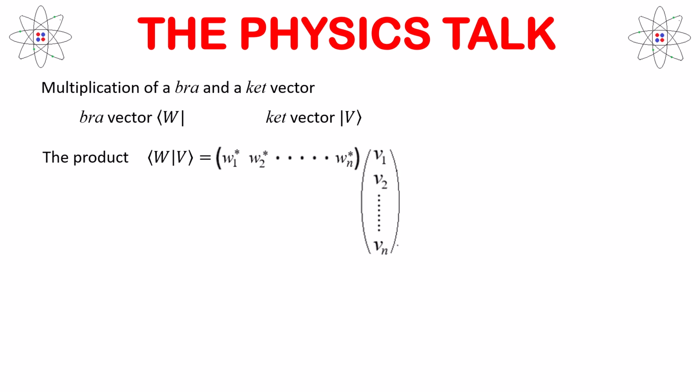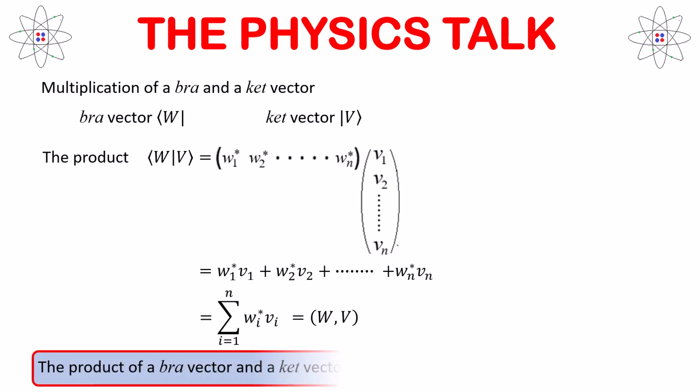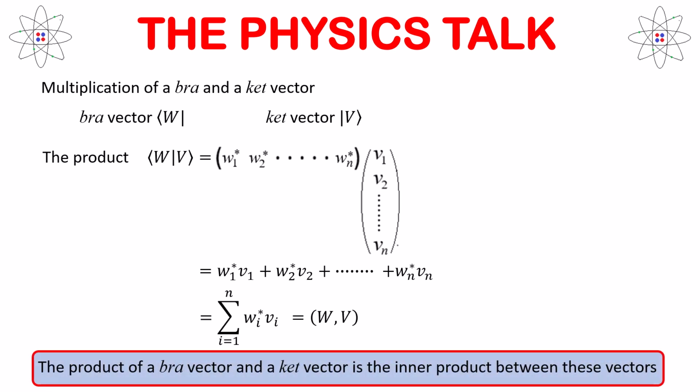The result, as per the rule of matrix multiplication, can be written as the summation of Wi Vi, where i goes from 1 to n. This term is known to give the inner product of the vectors W and V. Thus, we have found that the product of a bra and a ket vector is the inner product between these vectors.